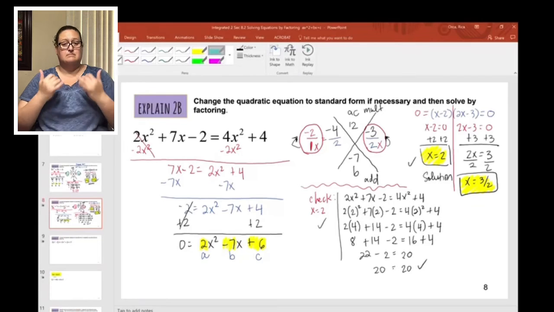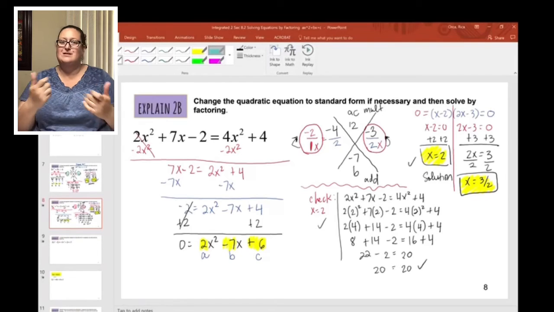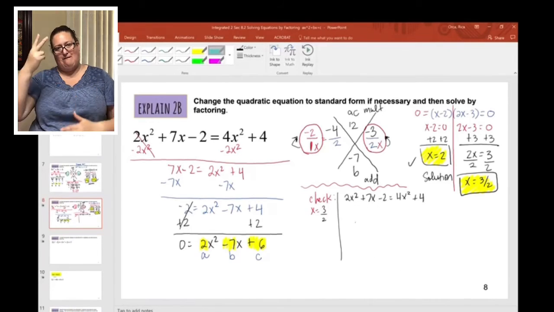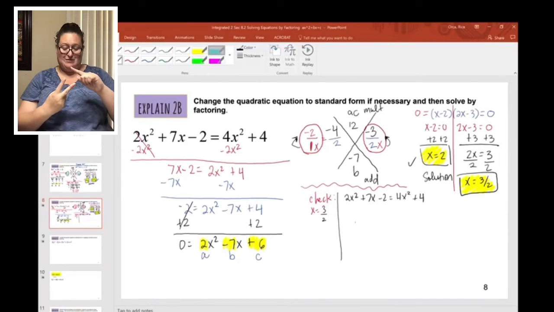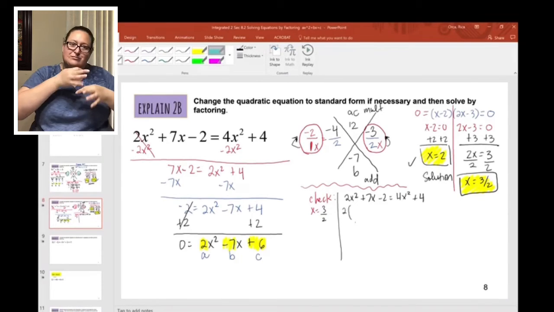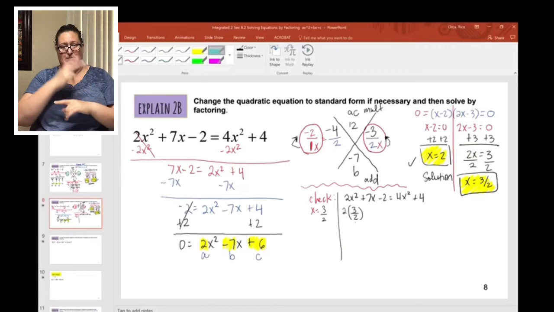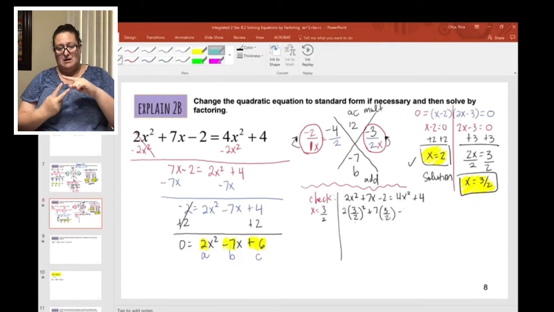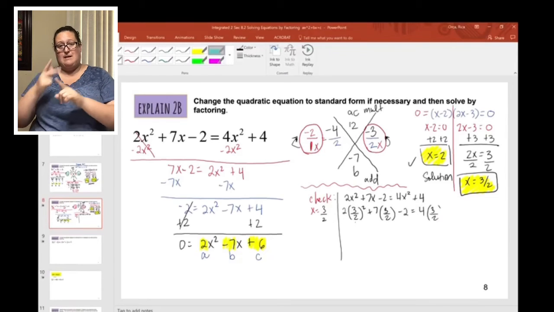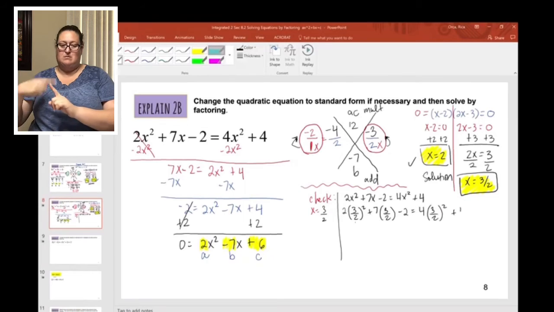Now let's fast forward this clip and check x equals 3 halves. And we're taking the 3 halves and plugging it into our equation. So 2 times 3 halves squared plus 7 times 3 halves minus 2, which equals 4 times 3 halves squared plus 4.